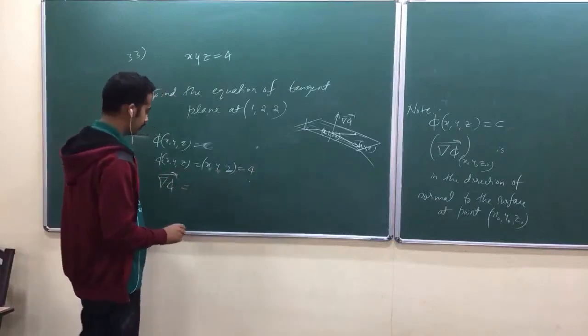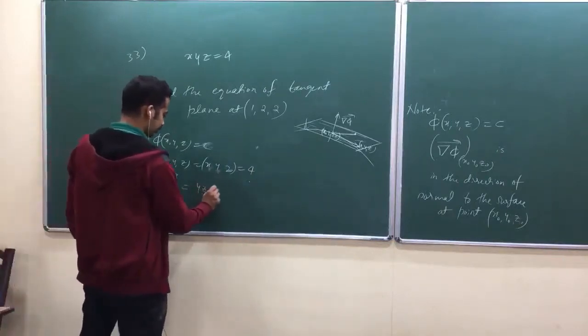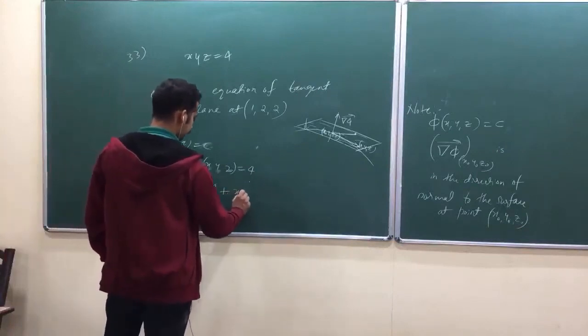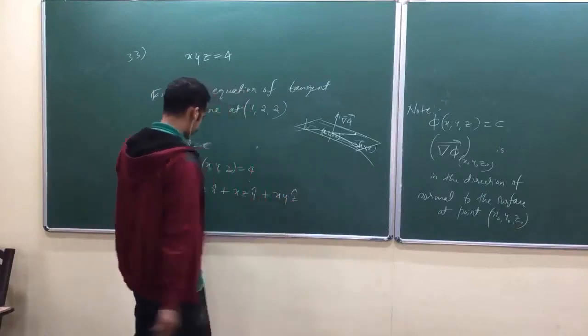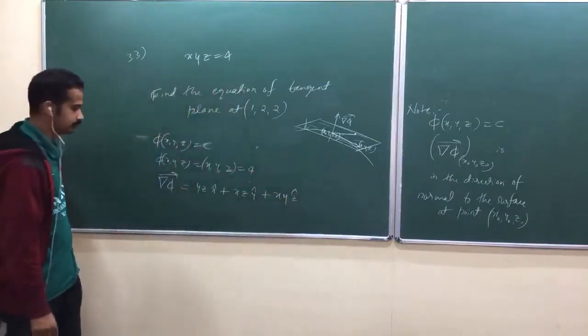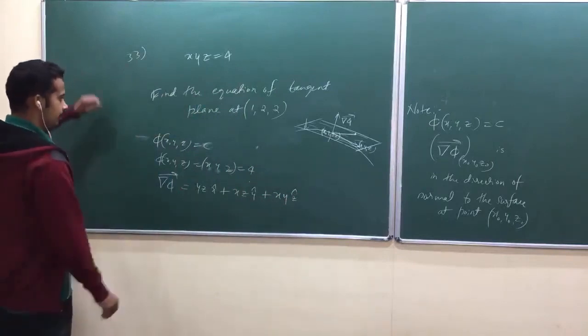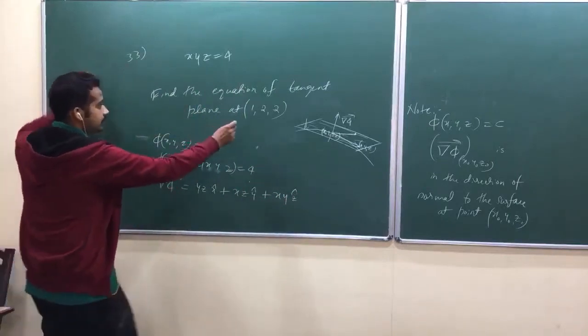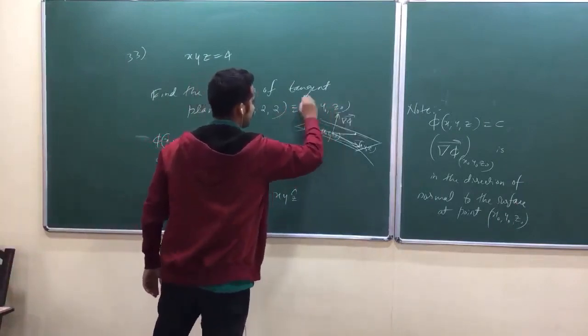Quickly: dou phi by dou x, dou phi by dou y, dou phi by dou z. Clear? Now this is x naught, y naught, z naught, because he is asking at this point.